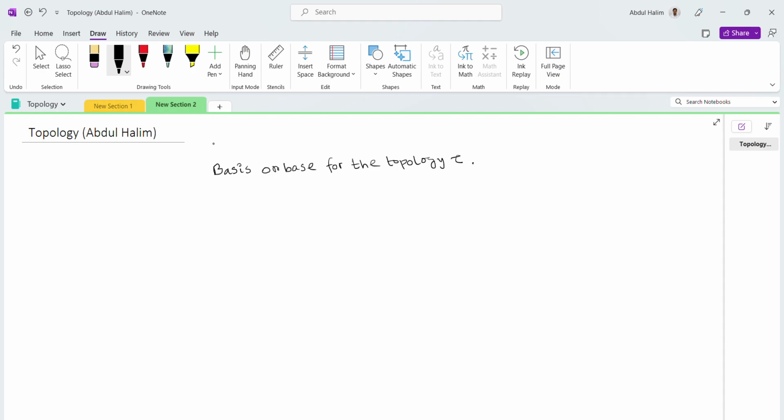We first define the basis, simply basis or open basis, because a basis on closed sets can also be defined under some conditions. But we mainly discuss the basis on open sets. Actually, the basis is a collection, a family of open sets.